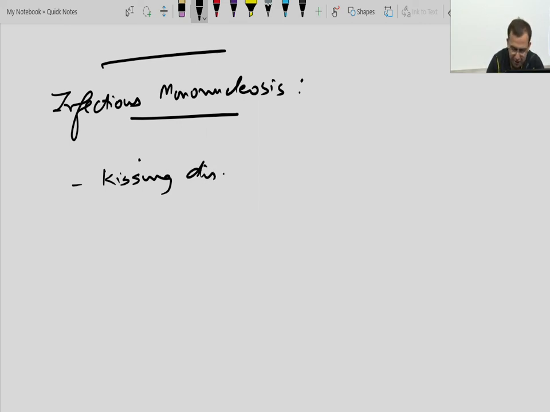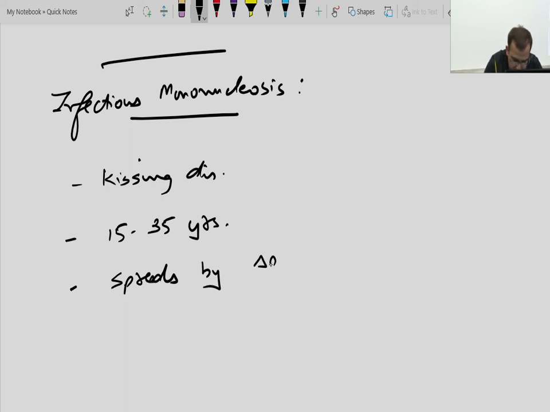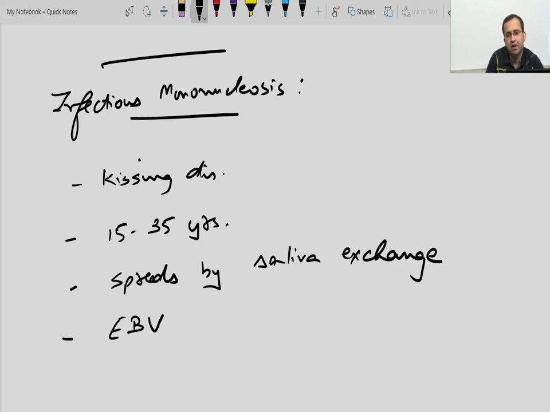Age group, mostly the younger ones, that is 15 to 35 years of age. How is the disease spread? It spreads by saliva exchange, and it is caused by EBV, that is Epstein-Barr virus.